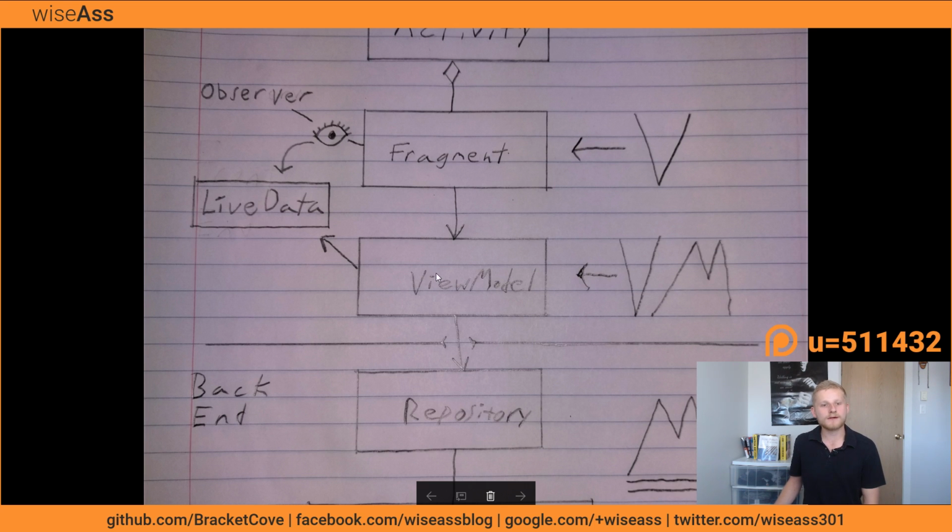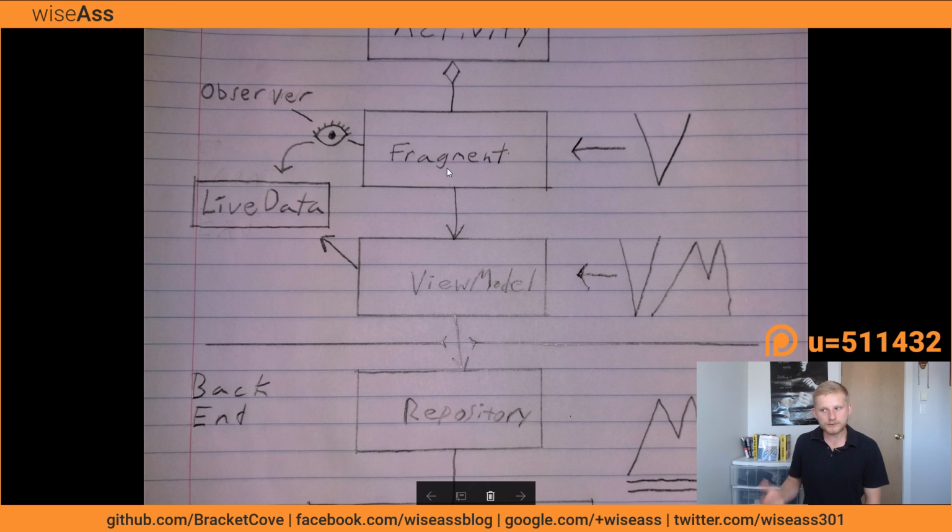Whereas in Model View Presenter, the presenter would ask the repository for data, and then say, hey view, here is your data. Instead, the view model asks the repository for data, and then it publishes it. And then the fragment is listening through an observer. The fragment is the observer, and it listens for that data.